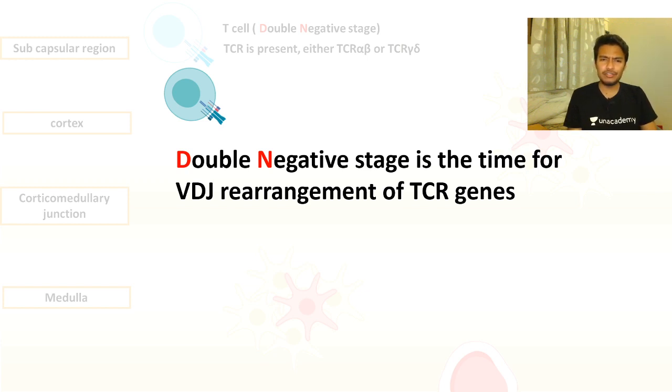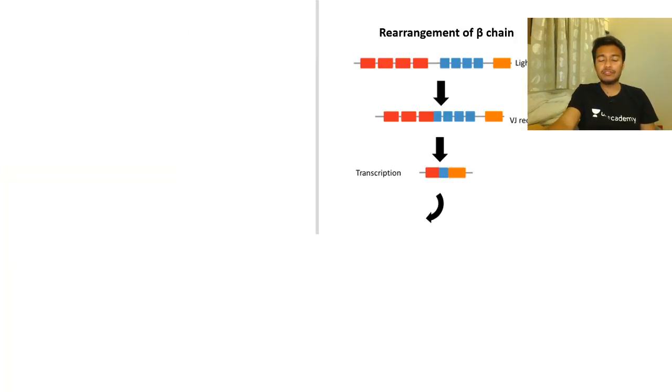Why do you think they need to undergo VDJ recombination? As we go along this class, as we learn more about how T cell is recognizing the pathogen derived antigen from MHC, we would appreciate why VDJ recombination is important for T cell as well. And this concept is not well taught in schools or colleges, so we'll clear that concept. For now, let's understand the sequence of VDJ recombination in the T cell.